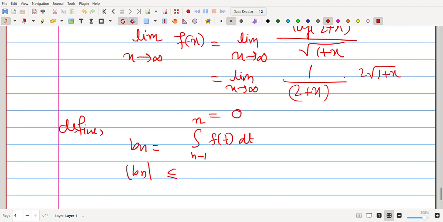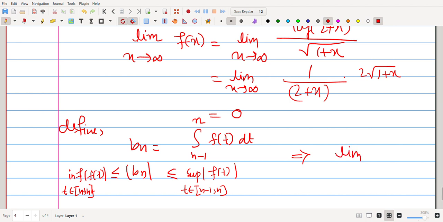So |b_n| is less than or equal to the supremum of |f(t)|, t belonging to [n minus 1, n]. Since the limit as x goes to infinity of f(x) is 0, this will imply that the limit as n tends to infinity of b_n is 0, because as n goes to infinity this goes to 0.